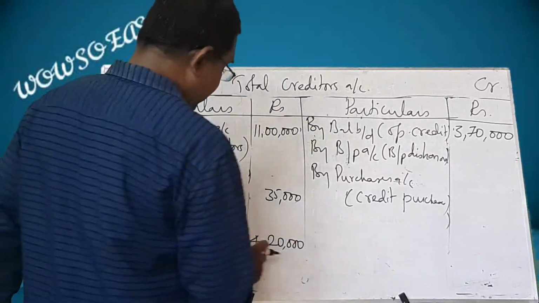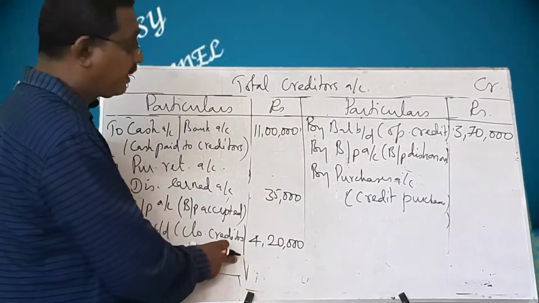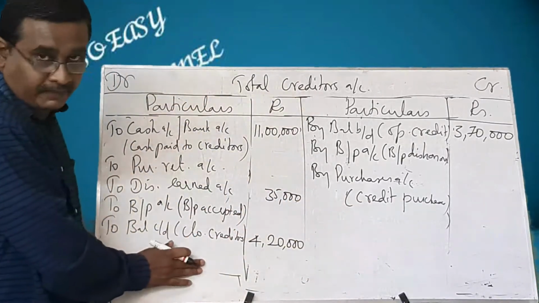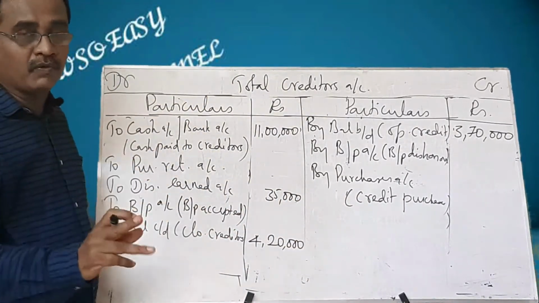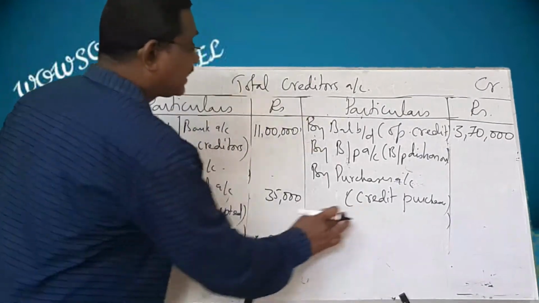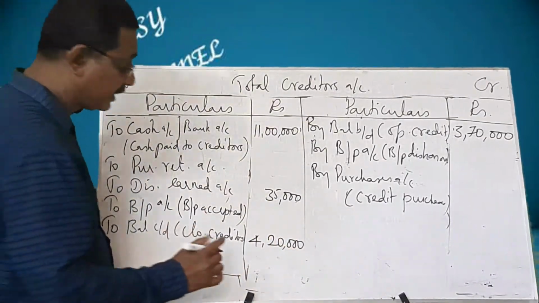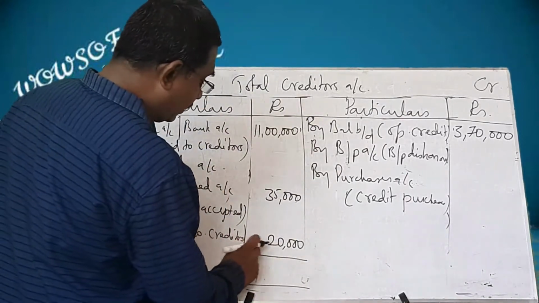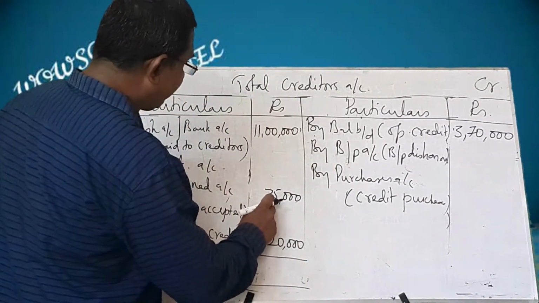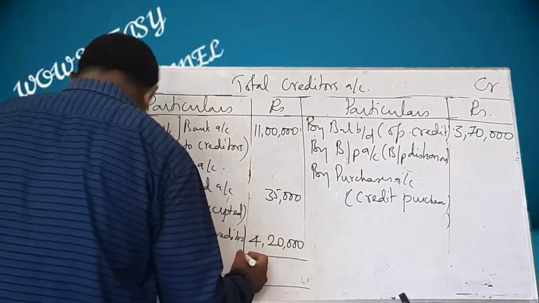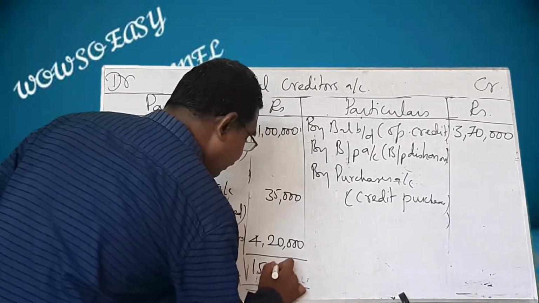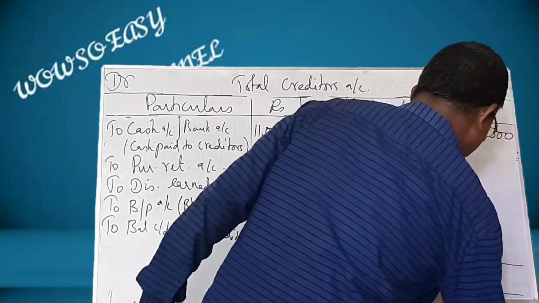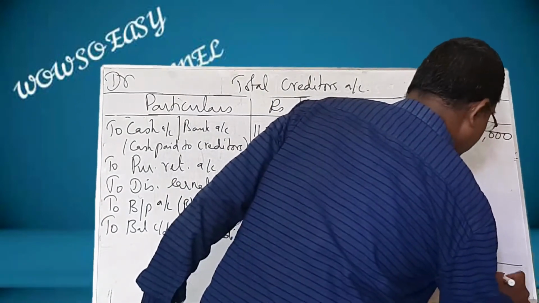So first find the total of this side, because when you go for finding out the credit purchases, this side will be exceeding. 420, 455, 1555. 15 lakhs 55,000.